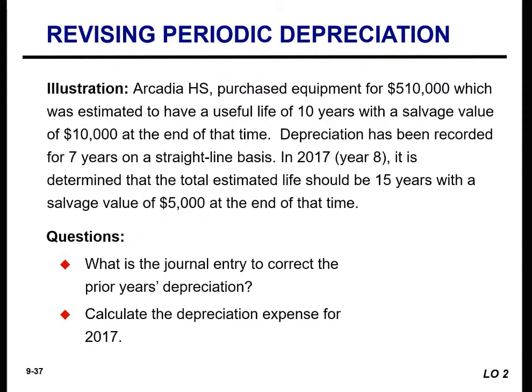In 2017, which is year 8, it's determined that the total estimated life should be 15 years, with a salvage value of $5,000 at the end of that time. Something occurred that made us realize that we will be able to use this asset for a longer period of time, and it's not going to be worth as much as we originally anticipated at the end of its life.